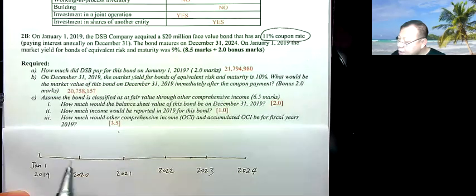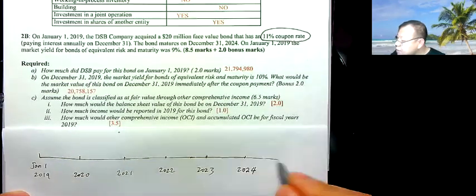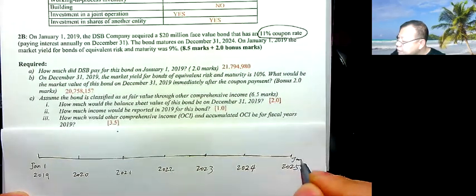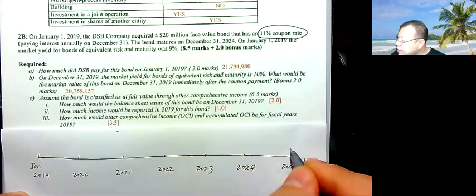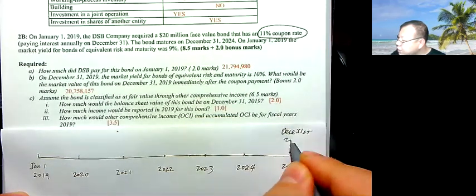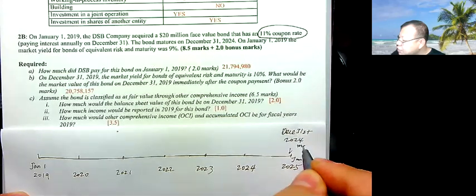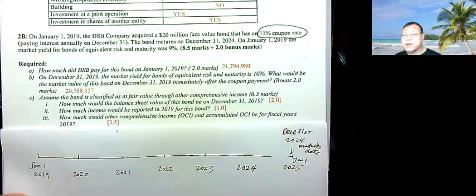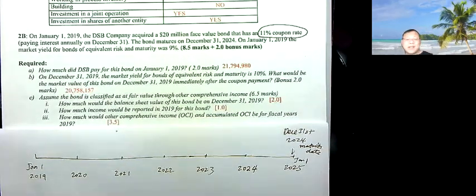So January 2019. So here is January 2025, right? And here is December 31st, 2024, the maturity date. Okay, that's the timeline, right?